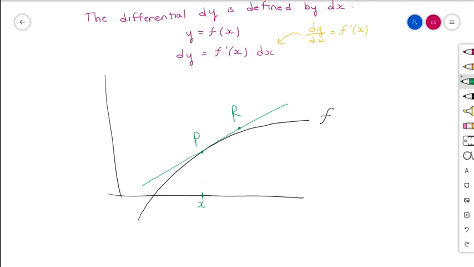And remember, f prime of x, so let's do a little thought bubble, f prime of x is equal to the slope of the tangent line, which is rise over run, but we call that change in y over change in x, dy dx.